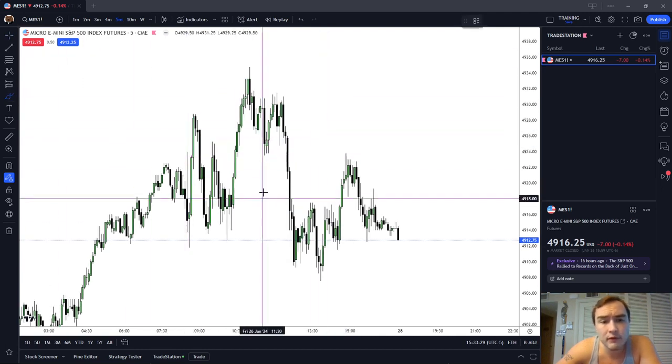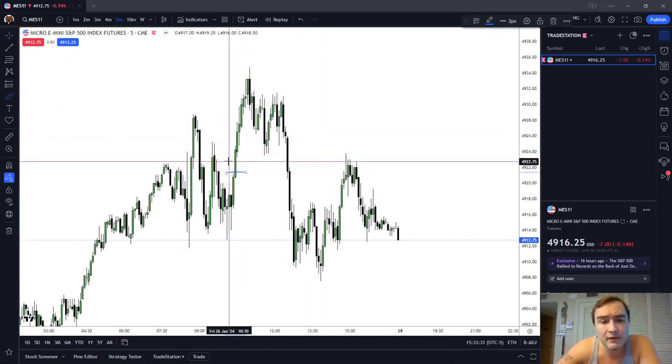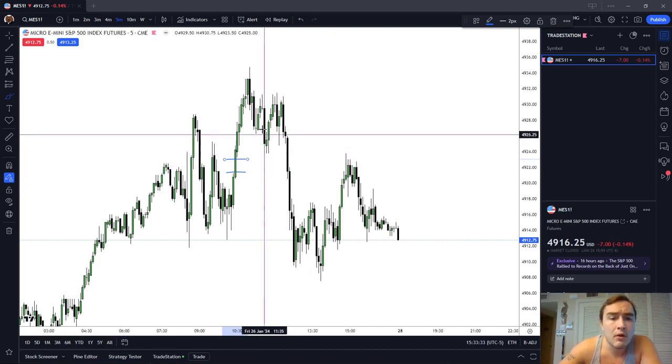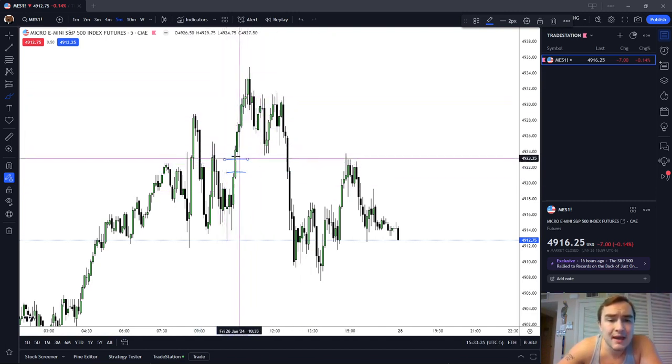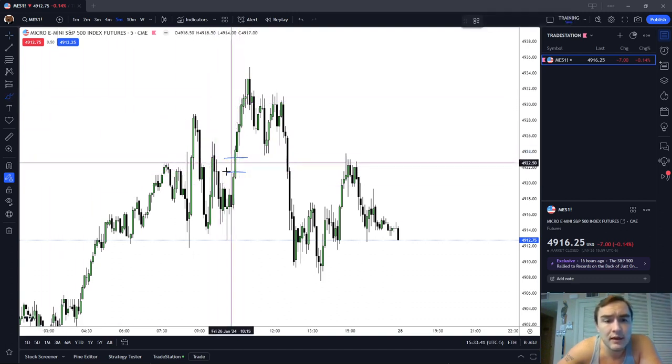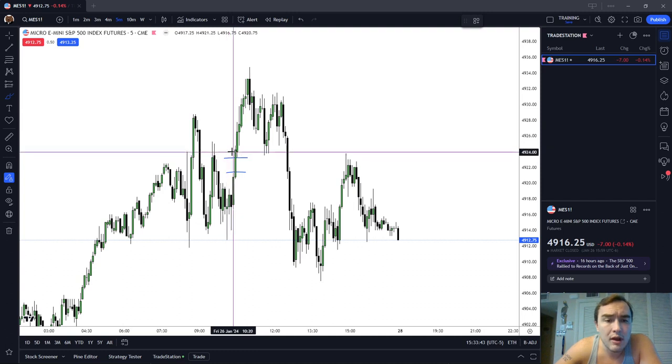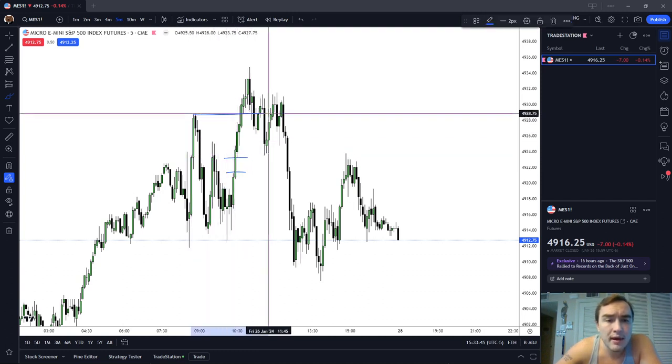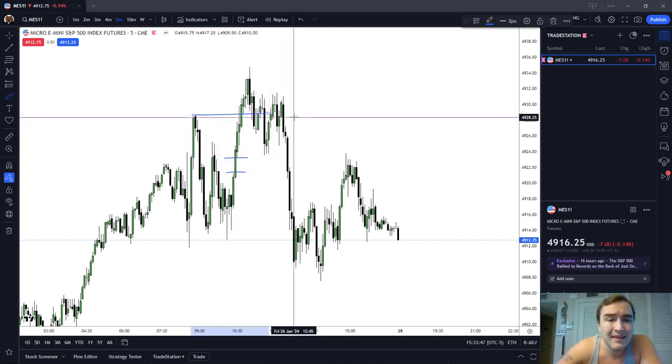Now, the other thing that I want to mention to you is to look at both sides of the curve. So for example, here we have a buy-side imbalance, sell-side inefficiency. You're not just looking at it on the way up, or in other words, the buy side of the curve.